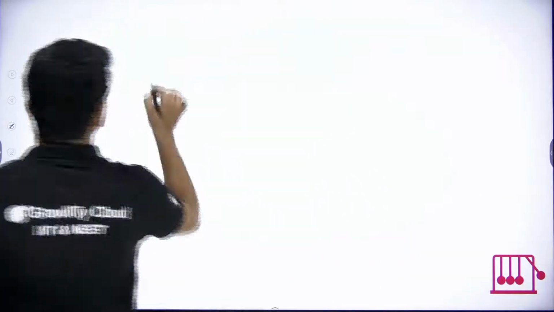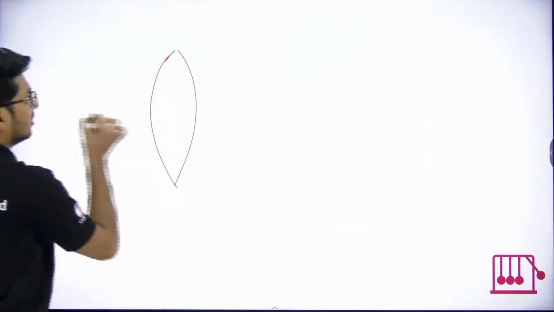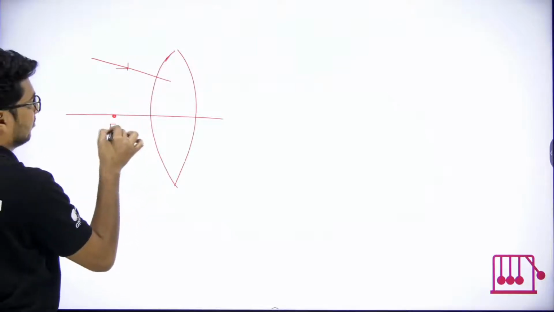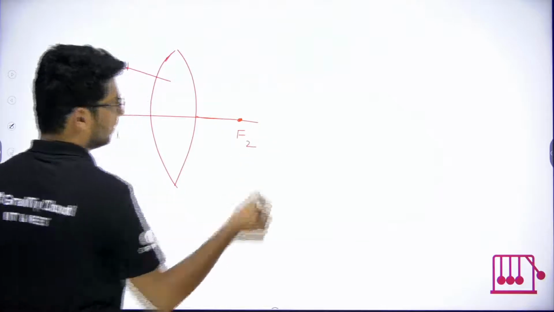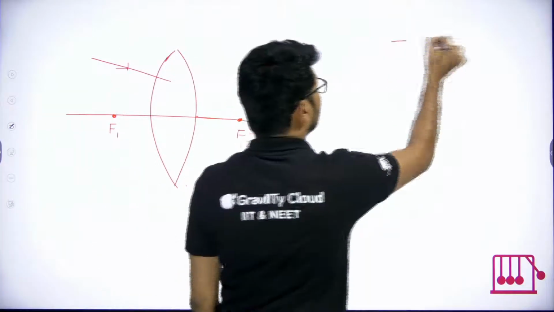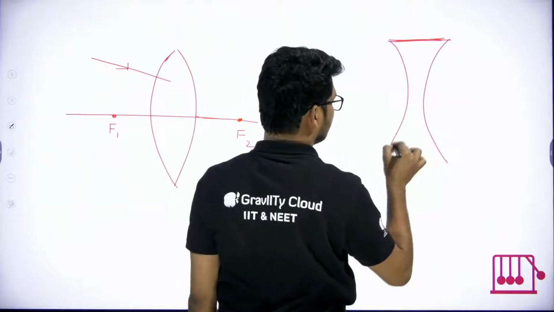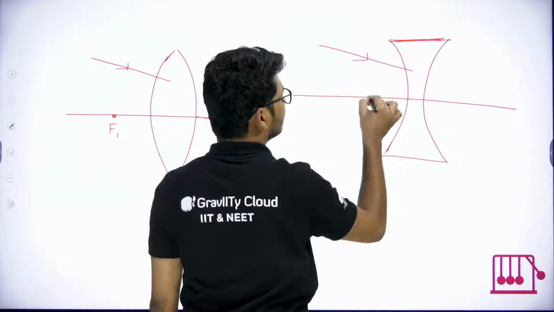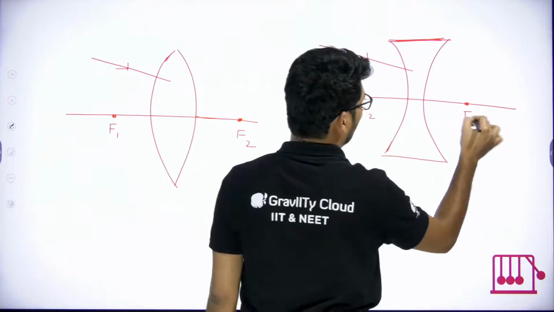If I take a convex lens, in the direction of the incident ray, first comes F1, second comes F2. But if I take a concave lens, in the direction of incident ray, first comes F2, second comes F1. You also have to know this.